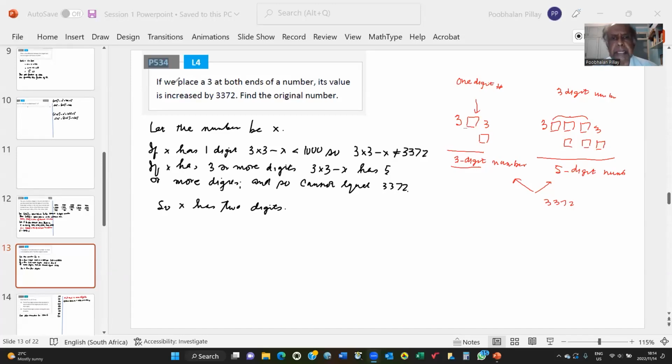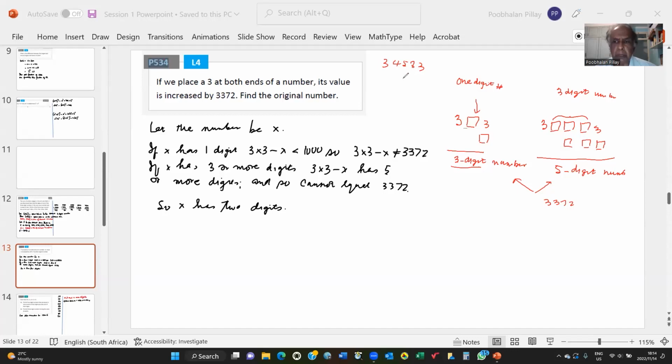The next problem states, if we place a 3 at both ends of a number, okay, so if you have some number like 4, 5, 8, and if you place a 3 on both ends of the number, like that, its value is increased.